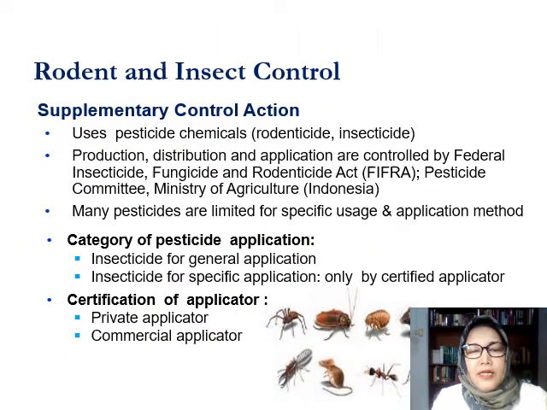The supplementary control action for rodent and insect in food industry is the use of pesticides chemicals such as rodenticides and insecticides. In Indonesia, the production, distribution, and application are controlled by the Pesticide Committee of the Ministry of Agriculture in Indonesia. Many pesticides are limited for specific usage and application method. Some have to be applied only by a certified applicator.